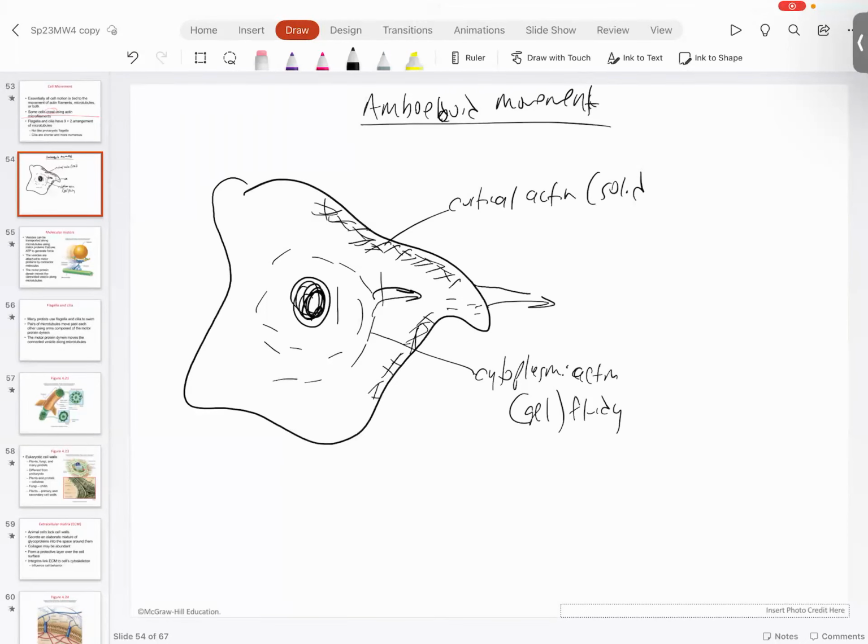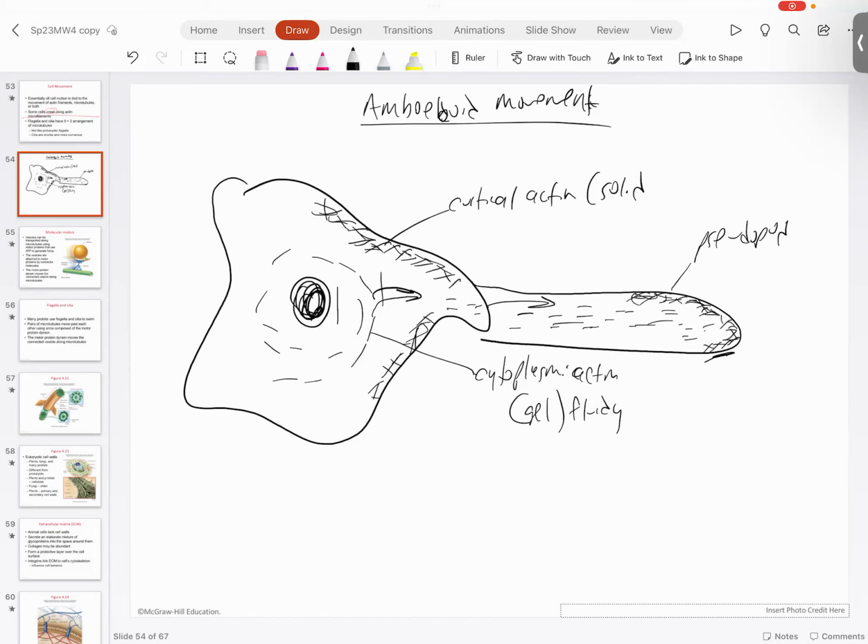Now that would cause this membrane to bulge out, just like you're squeezing a balloon. And you would have this fluid-filled current pushing this little bulge outward, creating what's called a pseudopod. Then it would attach. And once it attaches, it would reconstruct the cortical actin, and that basically keeps it in place. Now, if it wants to move the rest of its body in this direction, all it has to do is break down the cortical actin, and it just pulls the rest of its body along.